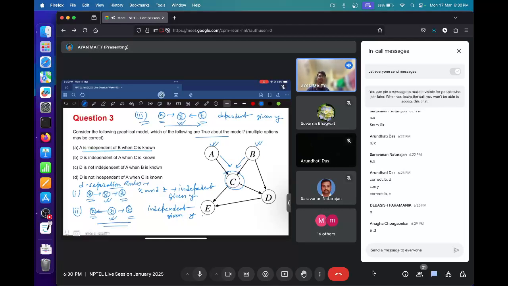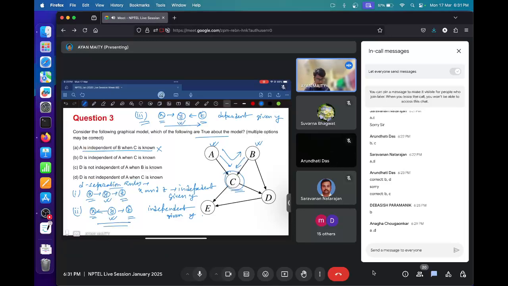C has incoming edges from both A and B. So this configuration is basically the third rule. In the third rule, if the middle element is given, then there is a path from A to B, they become dependent. So here C is given, and there exists a path from A to B. So they are not independent, they are dependent on each other. So this is not correct.